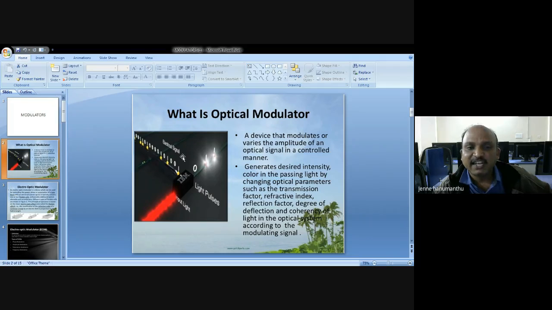By changing the electrical input, the other input. The modulator is a type of optical material, and we can change its refractive index also. So if we change the refractive index of the material working as a modulator, the light properties will also be changed as per our requirement.